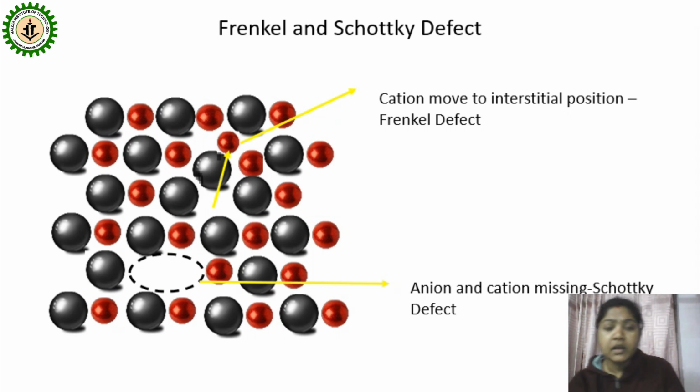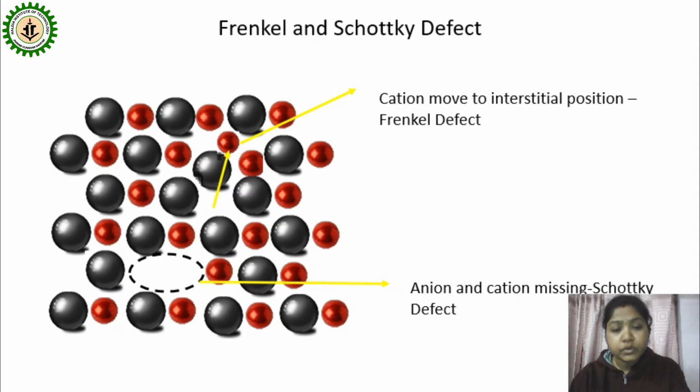For this type of ionic solids, there can be two types of defects. One is called Frenkel defect. What is Frenkel defect? If the cation moves from its regular site to another interstitial position, this type of defect is called Frenkel defect. Another one is Schottky defect, where there should be missing of two, that means anion and cation.